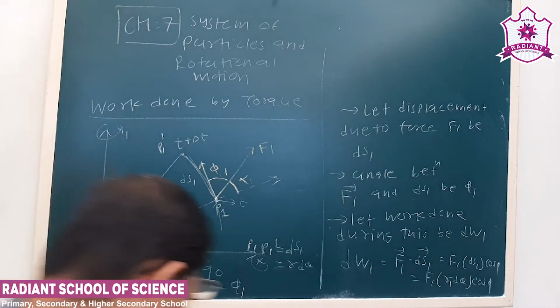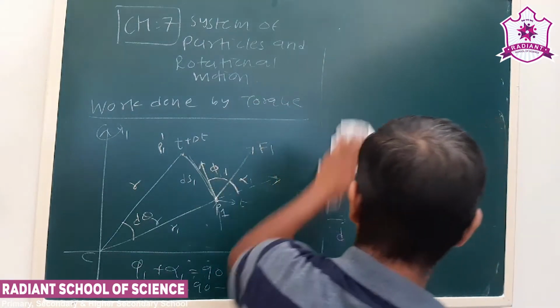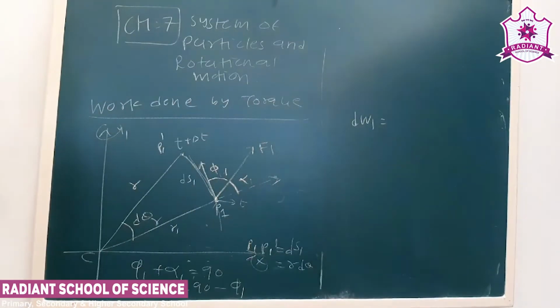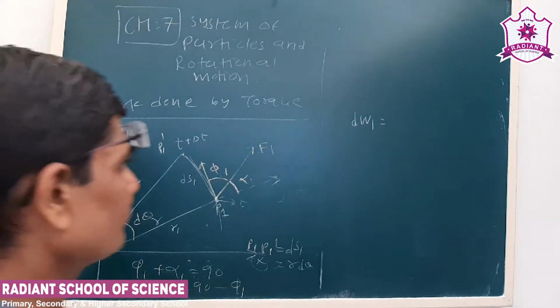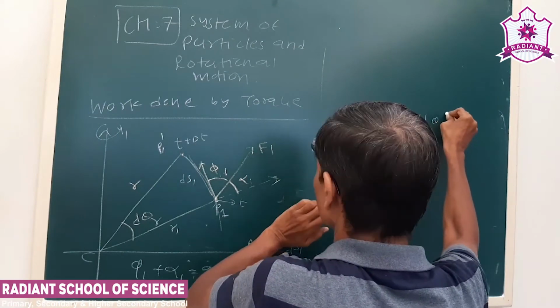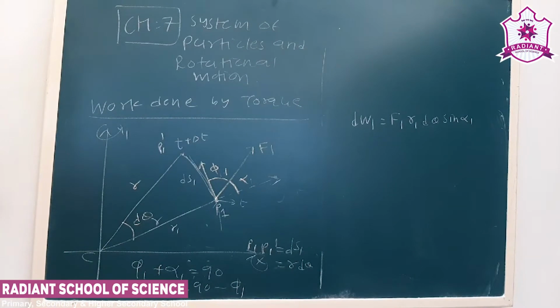So in terms of alpha, we can write dW1, the work done on the particle, is equal to F1 R1 d theta into sin alpha 1.